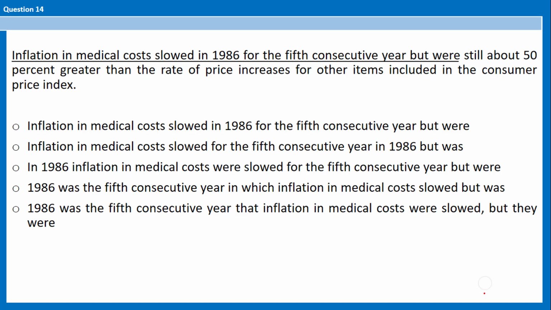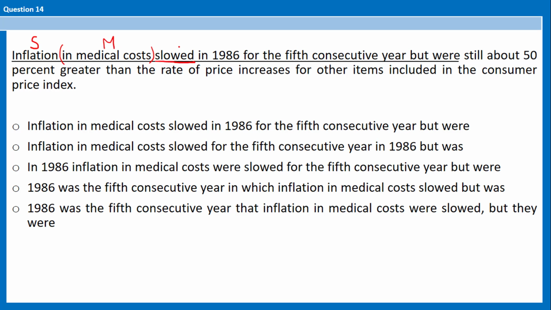Question 14. Remember to focus on the subject and the main verb. Okay? Here the subject is inflation. So inflation in medical costs is a prepositional phrase, that's a modifier.